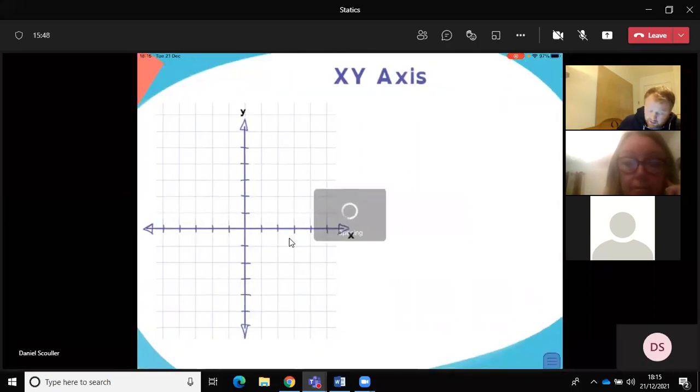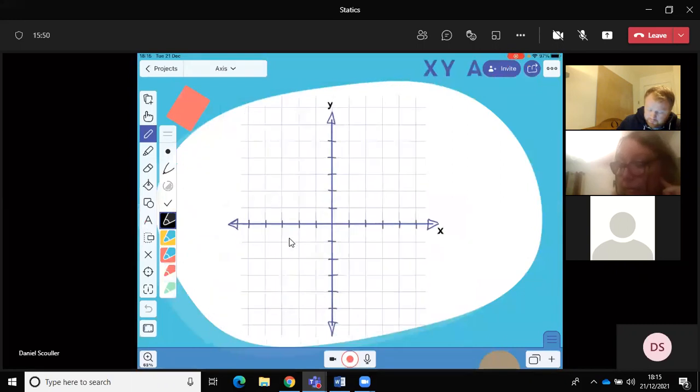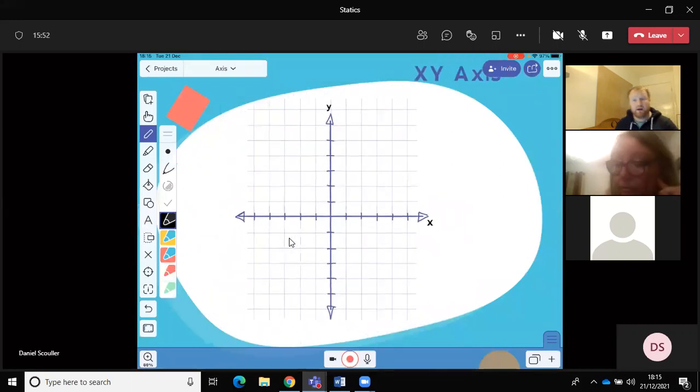There we go, XY axis. We looked a lot at the XY axis. We were thinking last week, where does it cross the x-axis? I was saying that the rules we were looking at when we were doing factorization, that's where a graph crosses the x-axis. That's us finding the roots of that graph.